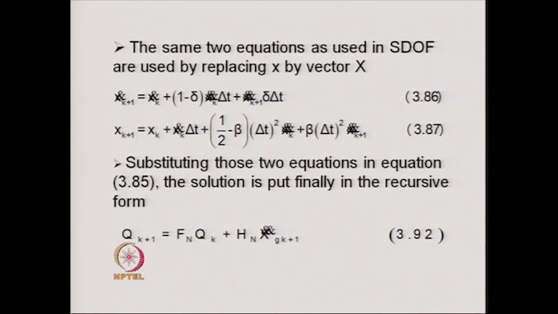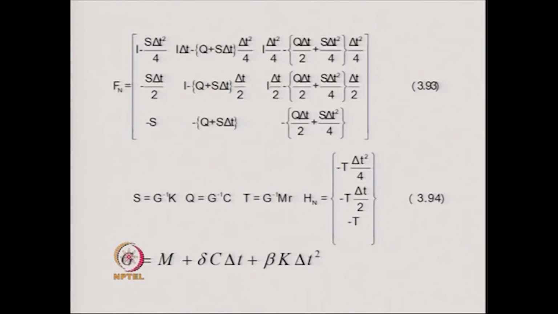For example, S is a matrix, then G is a matrix, S is equal to G inverse K, Q is equal to G inverse C, and you can see that the Q matrix is appearing in the Fn matrix. Then there is a T matrix which also appears in the Fn matrix, and the T matrix is given by G inverse M into R, where R is the influence coefficient matrix.